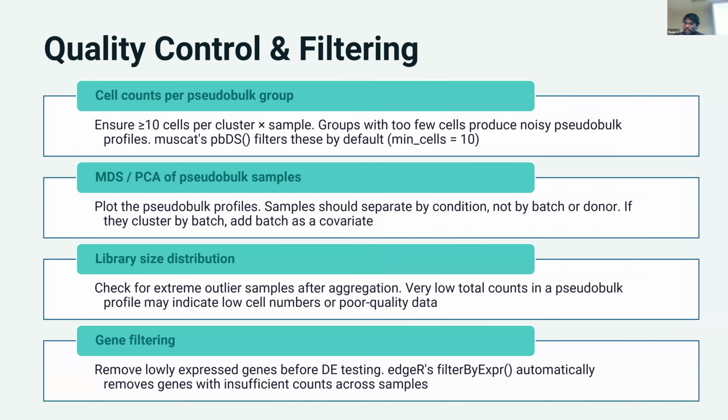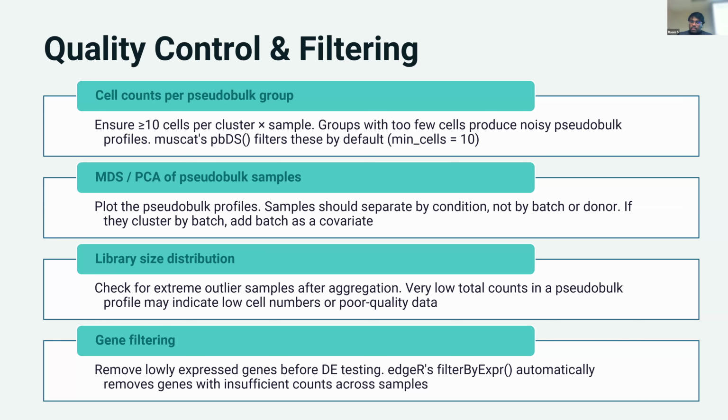And then finally, once you get your results, there are some quality control steps that are recommended. First, make sure that each pseudobulk group has enough cells, as Muscat defaults to filtering groups with fewer than 10. Second, make an MDS plot of your pseudobulk profiles to confirm that your samples separate by condition, not by batch.